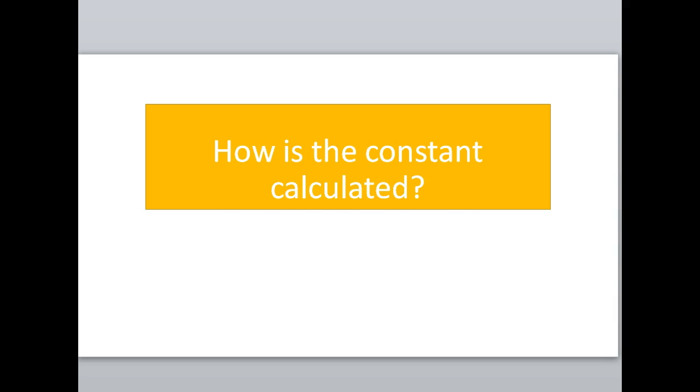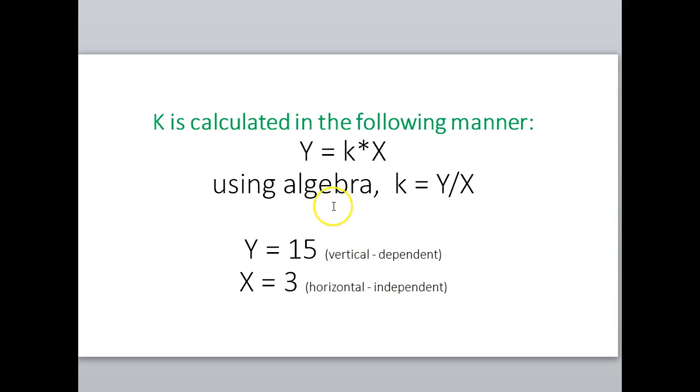How is a constant calculated? K, in this case the constant, and by the way, we're talking about K being the constant here, but in some cases the constant could be an M, so don't be surprised if you see M as the constant in some cases. So K is calculated in the following manner: y is equal to K times x. Now, using some algebra, you can see that K is going to be equal to y divided by x.